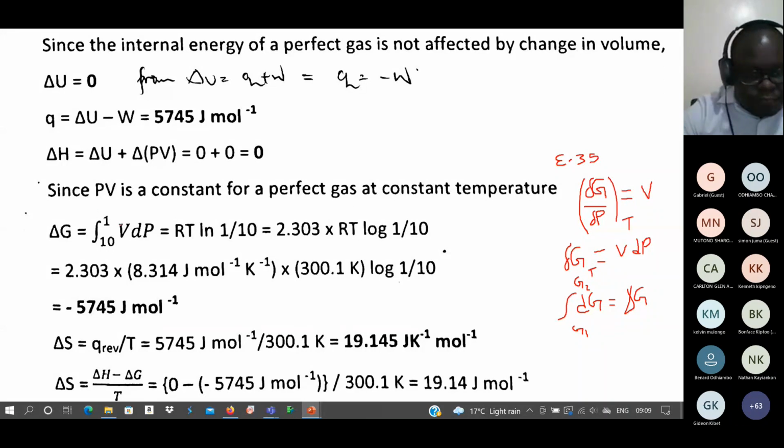So delta G equals the integral of V dP from a pressure of 10 to 1 atmosphere.